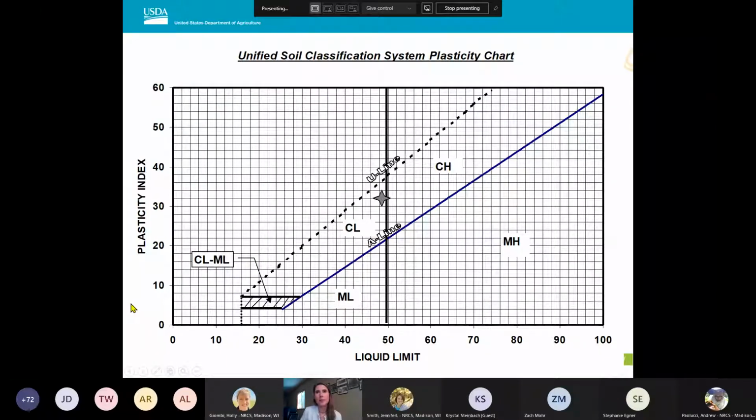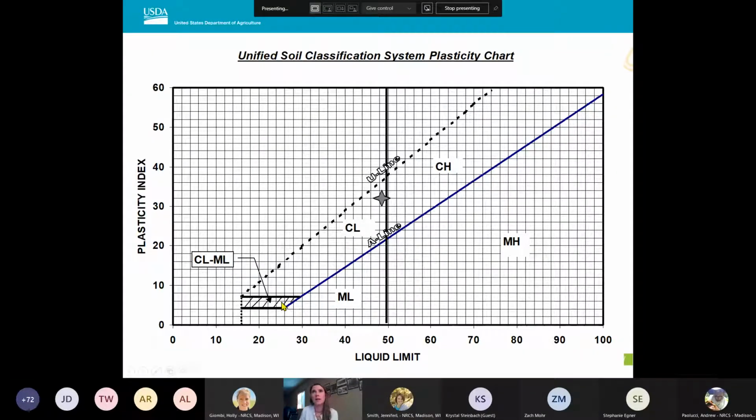Kind of beating a dead horse at this point, but anyway, when we do those lab tests to determine plasticity indices, as you can see, the plasticity index is on the left axis and the liquid limit is on the right. Most soils fall in between those two lines called the A line and the U line. If it's below that A line, it's a non-plastic soil. So again, those are the unified classifications.